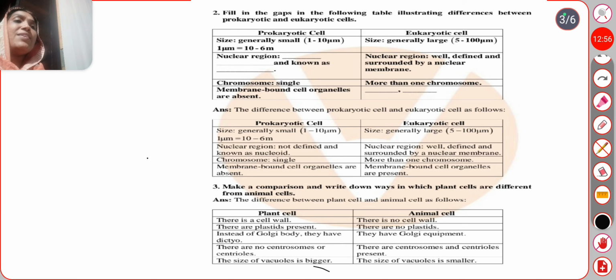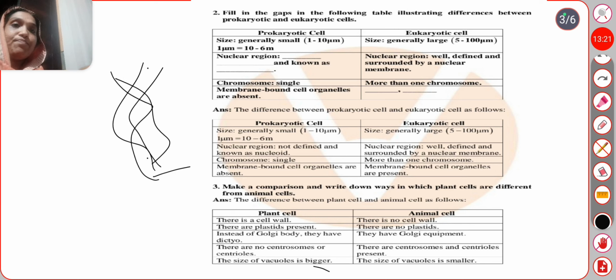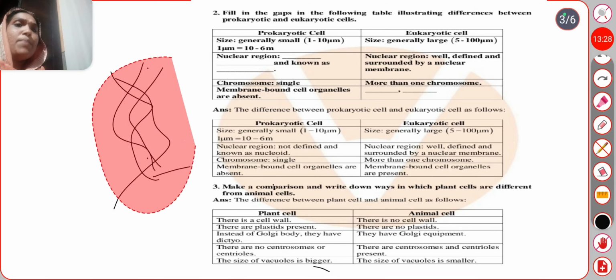Eukaryotic cells are a little bit larger, 5 to 100 micrometers. In prokaryotes the nuclear region is not defined, known as nucleoid, but eukaryotes contain a well-defined nucleus surrounded by nuclear membrane. Prokaryotic chromosomes are single stranded, but eukaryotes contain more chromosomes, double stranded in structure. Membrane-bound cell organelles are absent in prokaryotes, but present in eukaryotes.